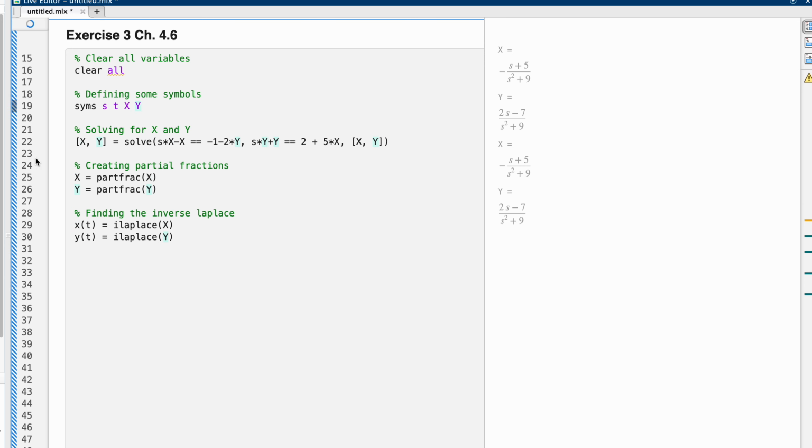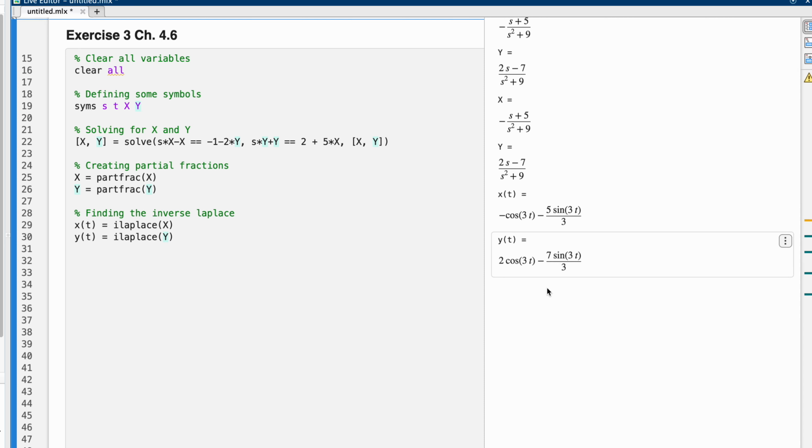And then we press Control Enter, and we see what it outputs here. And we get negative cosine 3t minus 5/3 sine of 3t.